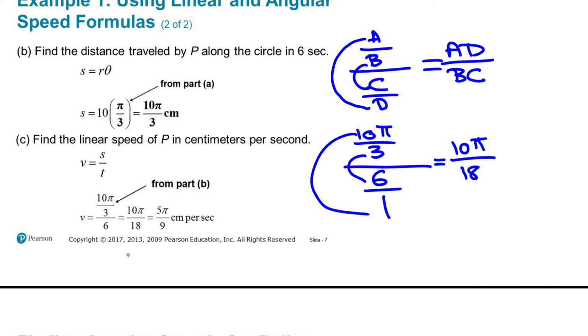Then you know that 2 goes into 10 5 times and into 18 9 times. So that's where we get our 5 pi over 9. And of course, the units are going to end up being centimeters for distance and seconds for time. Okay, so that's a very simple example, and make sure you understand it before we move on.